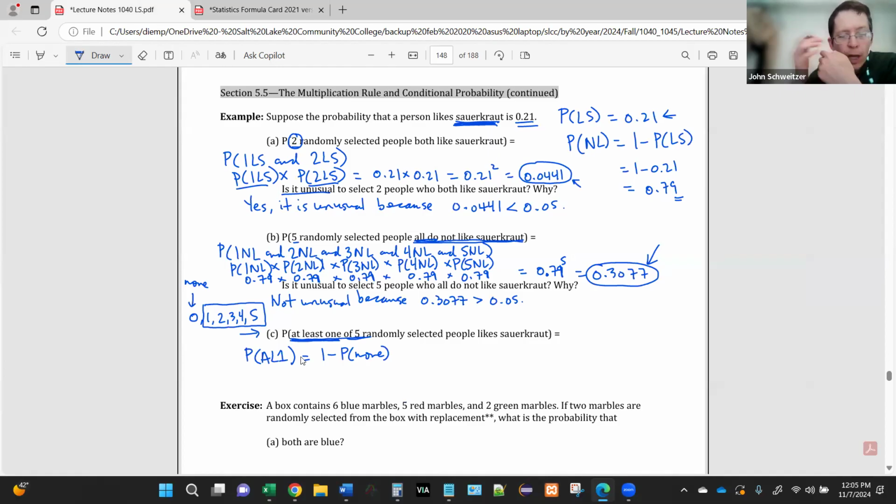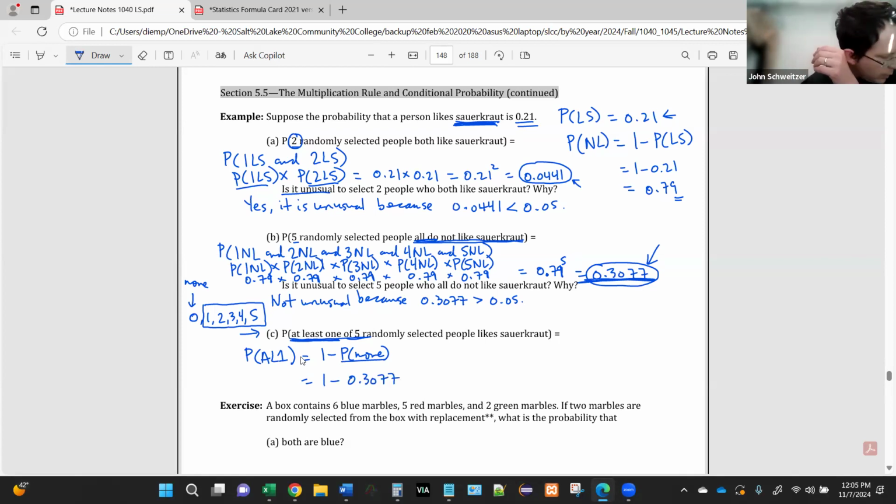So why would we do that? Well, we already have this number, right? That's what we calculated up here. How likely is it that none of them like sauerkraut? We already have the number, and so we just throw it down into here, and we've got it.